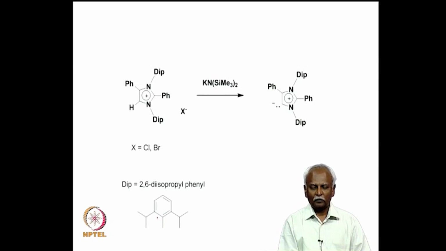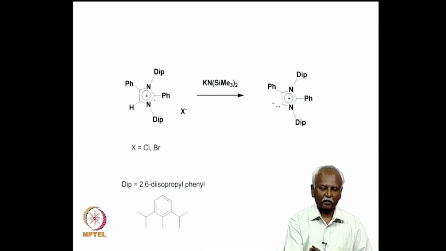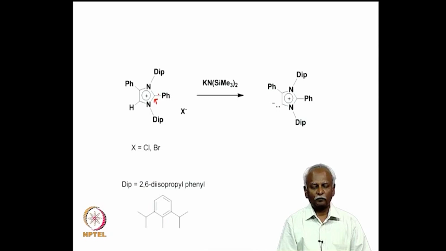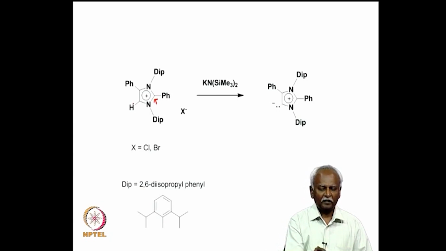So, the way this was carried out was by taking N-substituted, N-alkylated ring systems, where both the C1 carbon here and the C5 carbon were in fact substituted with phenyl groups, and a hydrogen was positioned in this place.